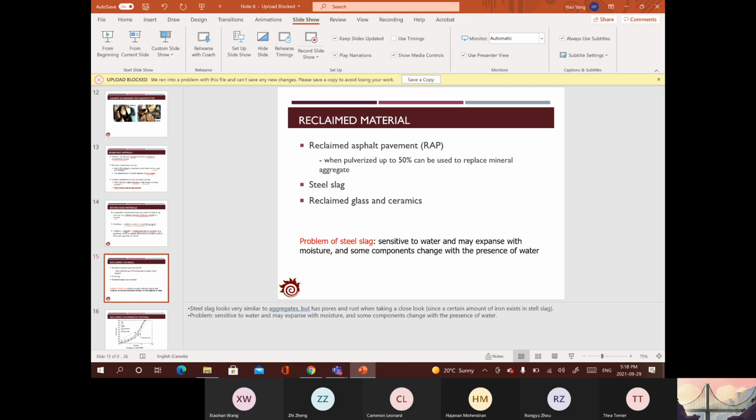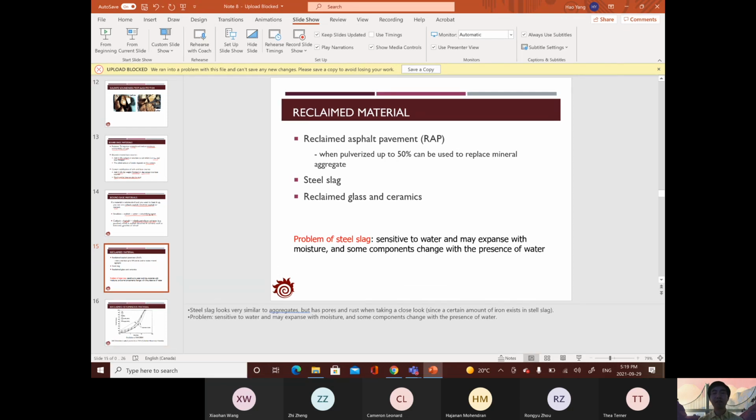In the lecture tomorrow, I will continue this topic, and there will be some reclaimed materials which can also be used as the base and subbase layers. But we don't have enough time for that, so I'll just stop here, and let's see whether you have any questions about the lecture.